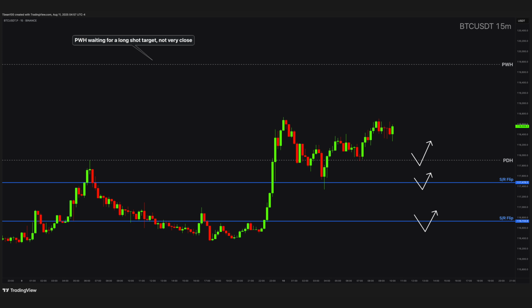Now, the important question we need to ask is this: where exactly can the price react in these situations? Could it be the PDH Masterclass amplifier area, or perhaps one of the other support and resistance flip lines?